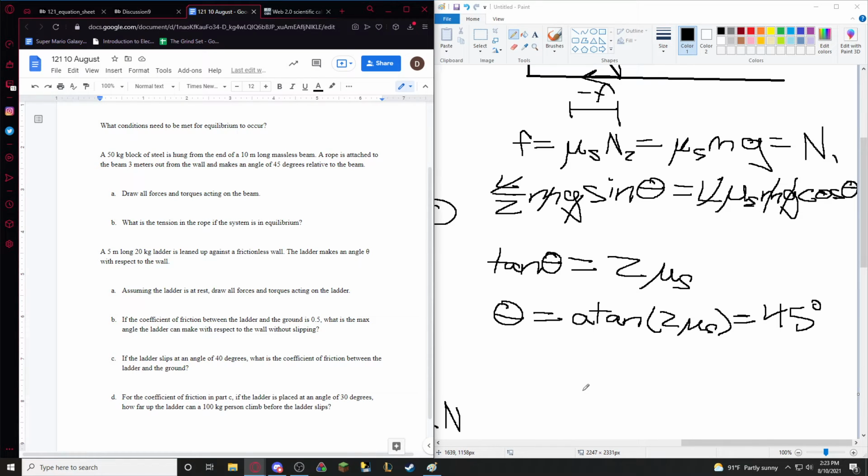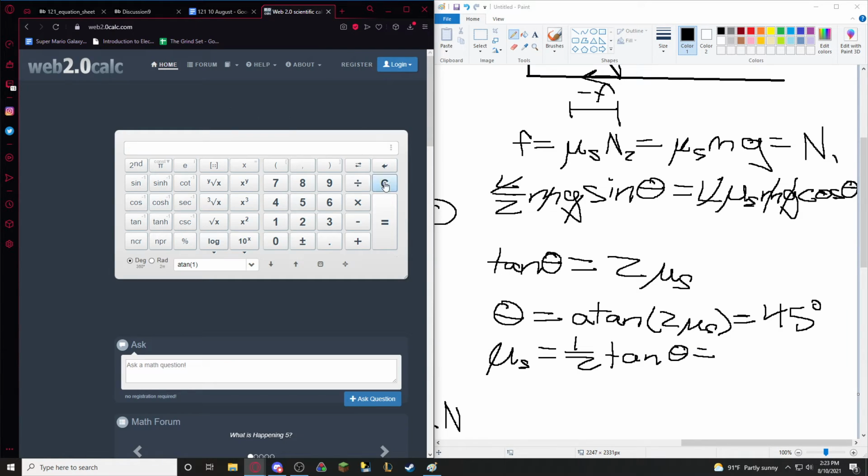Now, what if we want to go the other way? We're given the fact that it slips at 40 degrees. What would the coefficient be? It would be 1/2 of the tangent theta. Yep, just half tangent of theta, so 0.5 tangent of 40 degrees.